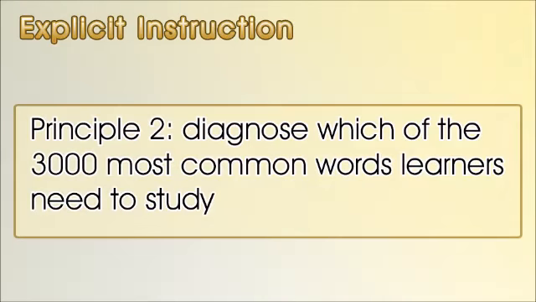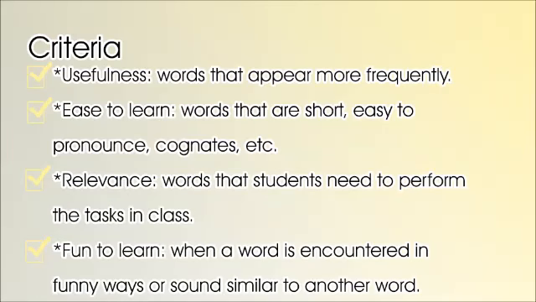Principle 2. Diagnose which of the 3,000 most common words learners need to study. This principle has to do with diagnosing which of the 3,000 most common words learners need to study, following certain criteria. For instance, usefulness, words that appear more frequently.